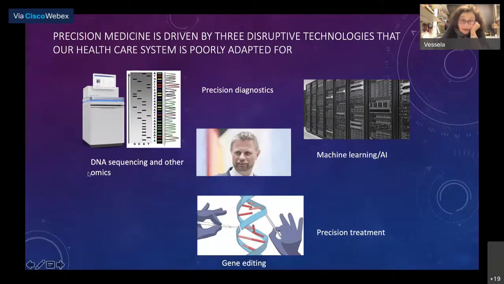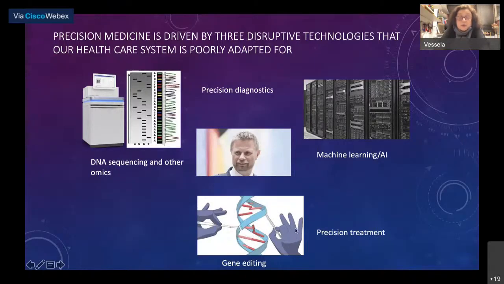This will be based on DNA sequencing, on both data storage and analysis. We have a whole number of projects on machine learning and how artificial intelligence can be used to mine all the sequencing data that we are acquiring. And all this, by identifying these mutations, will lead towards precision treatment.